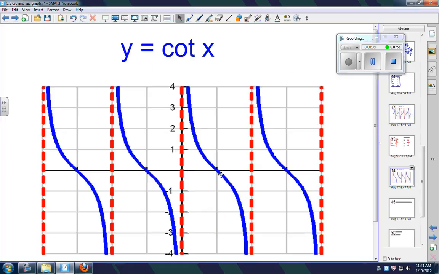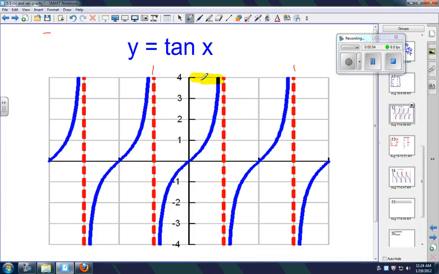Cotangents kind of decrease, because they're still positive and negative in the same types of quadrants. So for example, from here to here, cotangents are still positive. In that same region, tangents are still positive.